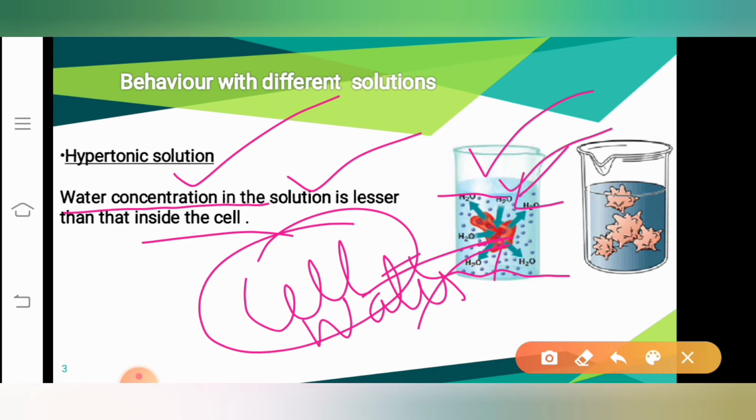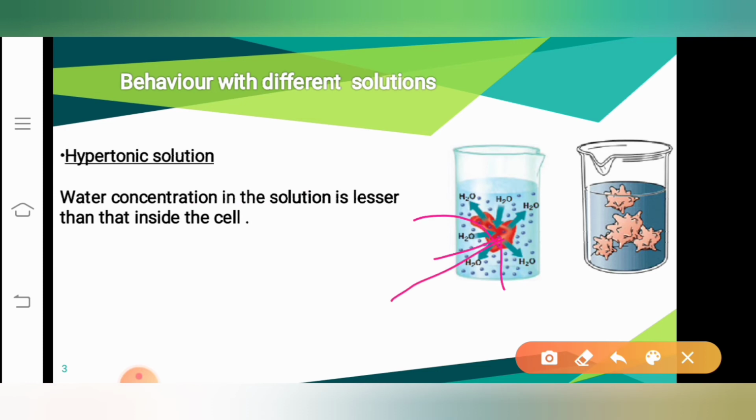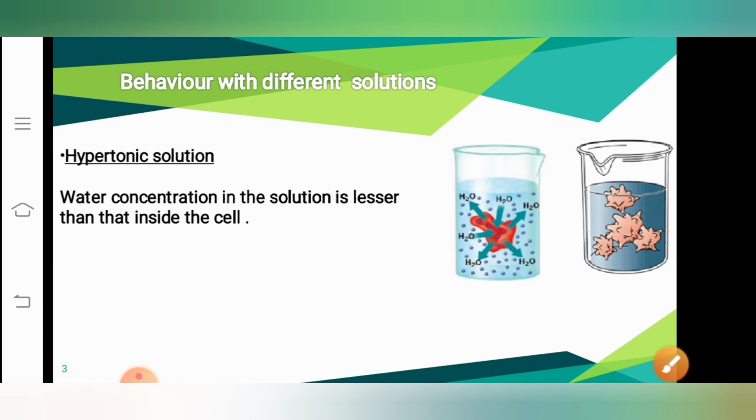So now what happens here is, as the cell is having more concentration, the water from the cell moves out, it flows out to the solution which is inside the beaker.